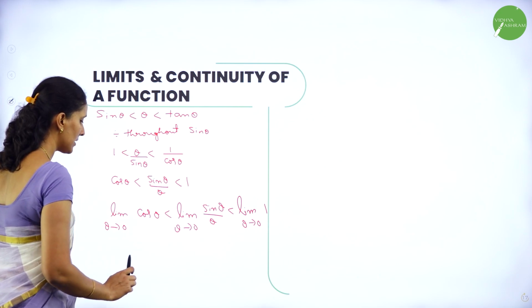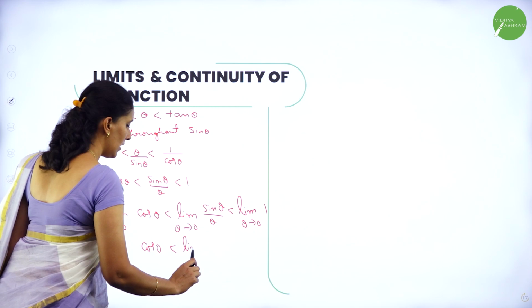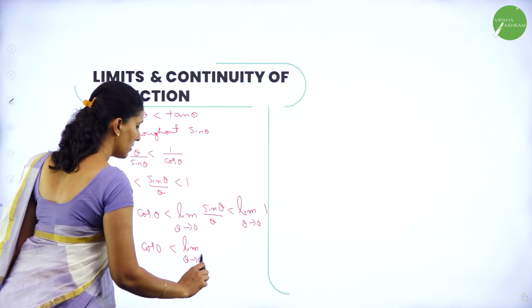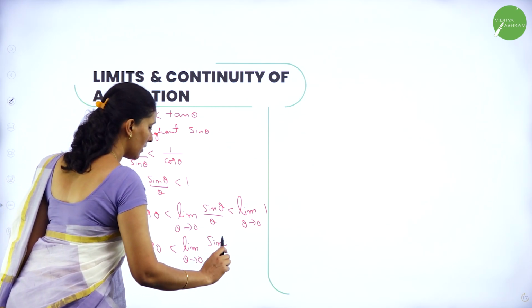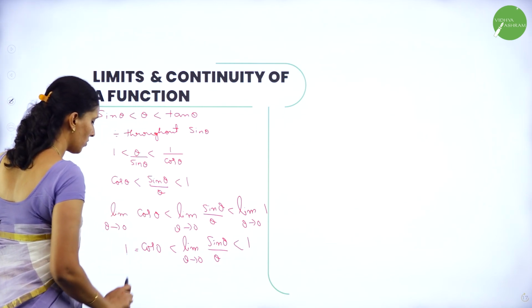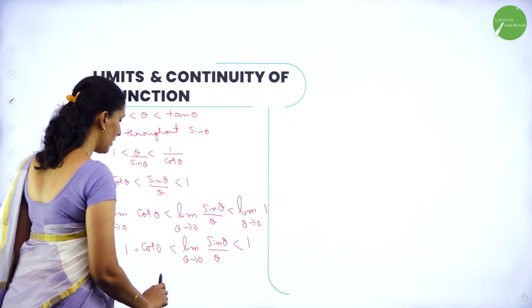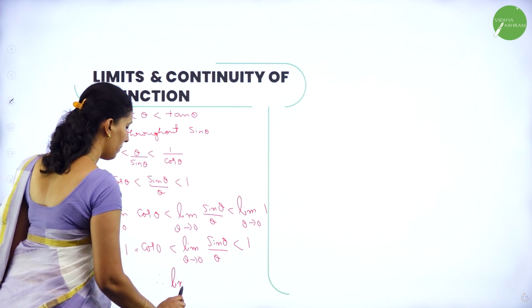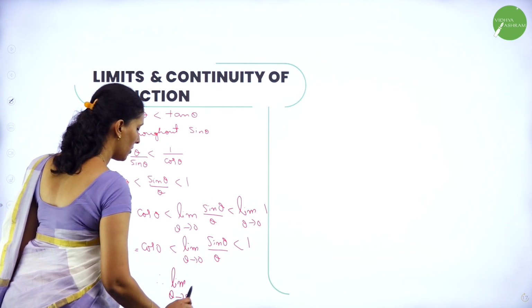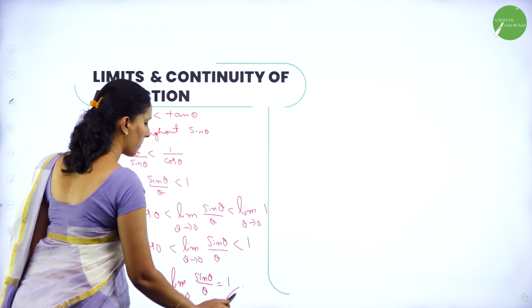Apply theta as 0, we'll get cos 0 less than limit theta tends to 0 sin theta by theta less than 1. Cos 0 is also 1. Now from both sides we have 1. So clearly we can conclude that limit theta tends to 0 sin theta by theta is equal to 1.